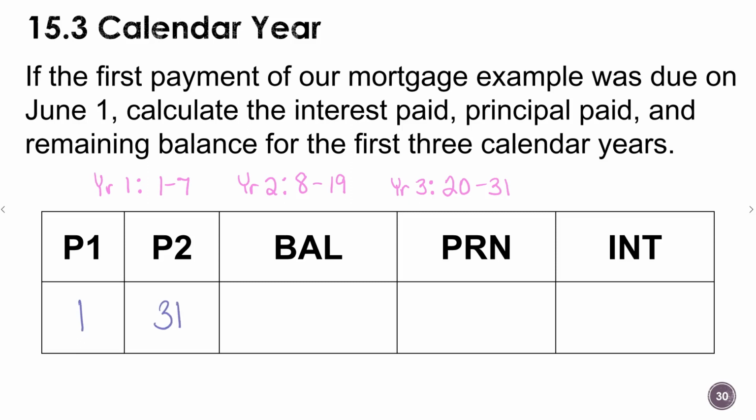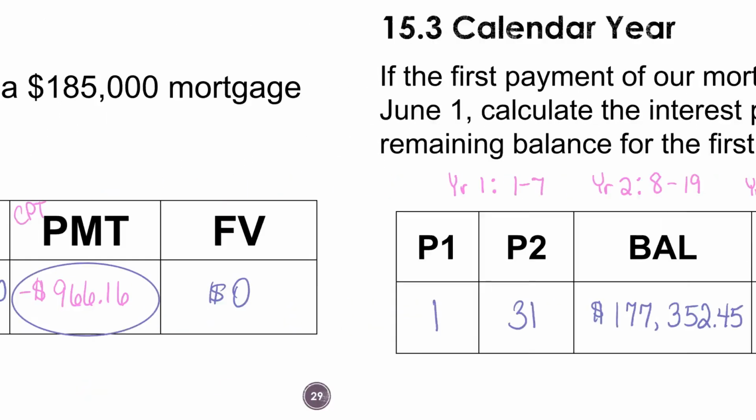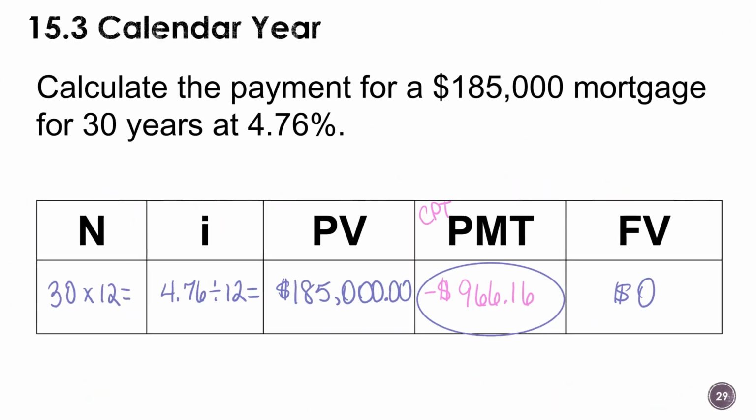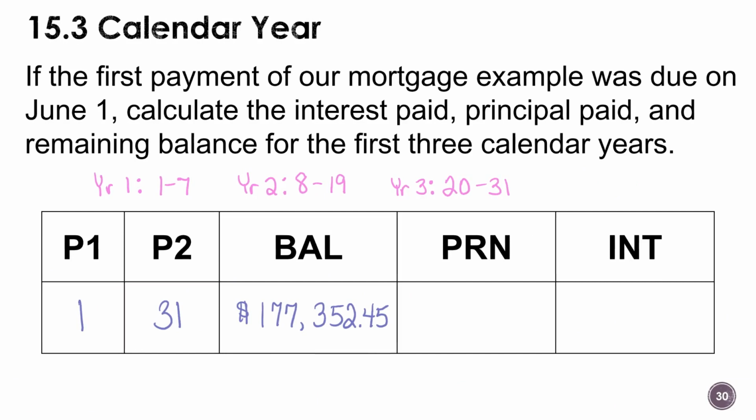That's what you're going to put in for your beginning and ending payments. Make sure you use your enter key to get those in there. And then scroll to balance, principal, and interest. So your balance is $177,352.45. Recall that this mortgage was $185,000. So at the end of paying on our mortgage for 31 payments, this is where we're going to be.